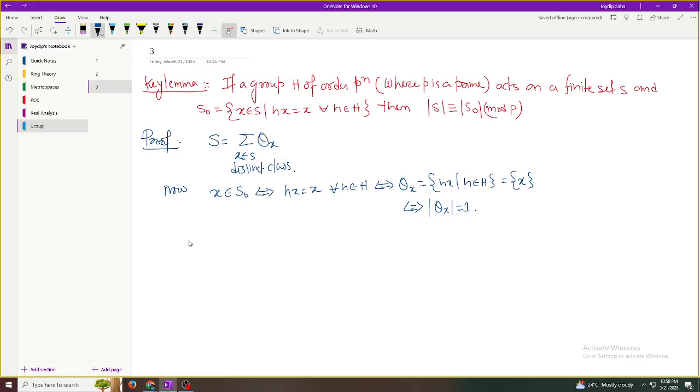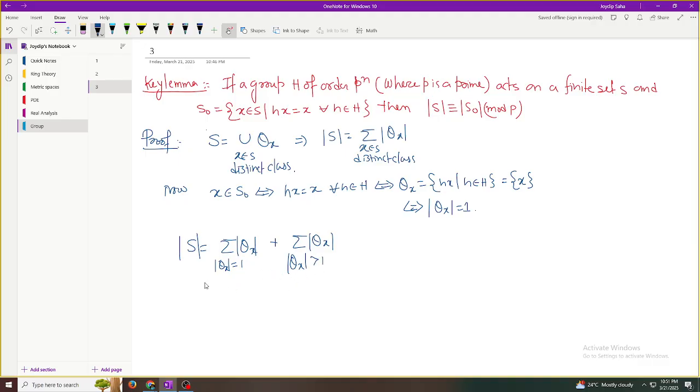So I can write S as the union of the orbits with cardinality 1 and the orbits with cardinality of the orbit greater than 1.